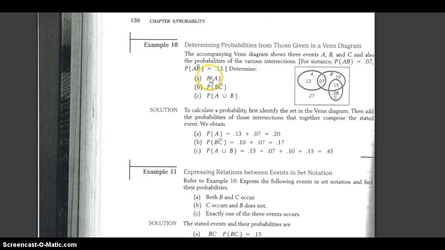So what's the probability of event A? That means if you look at the picture, the probability for the left part is 0.13, and for the little right part, these two parts form the entire circle A, which represents the event A. So the probability of A will be adding the probability of these two little parts.